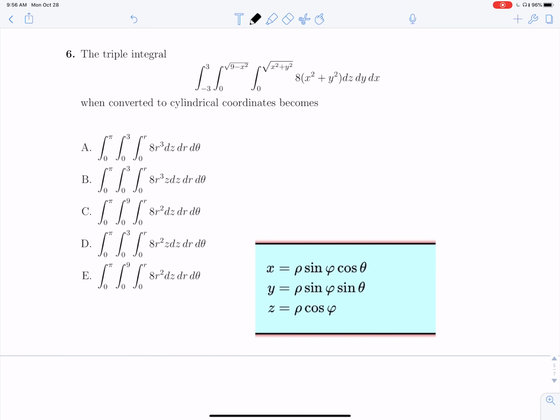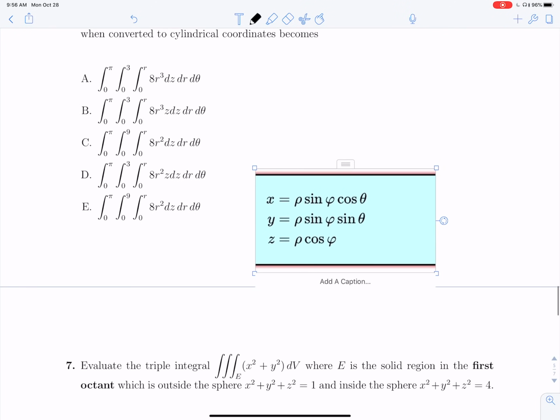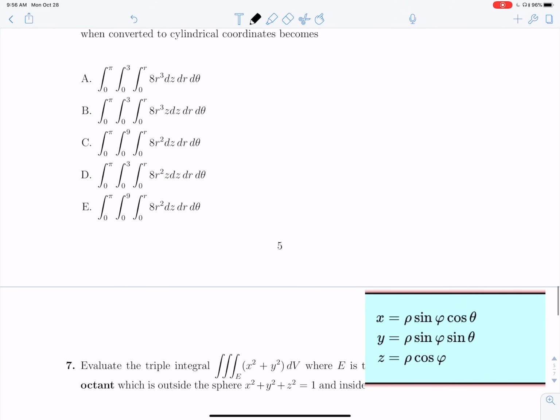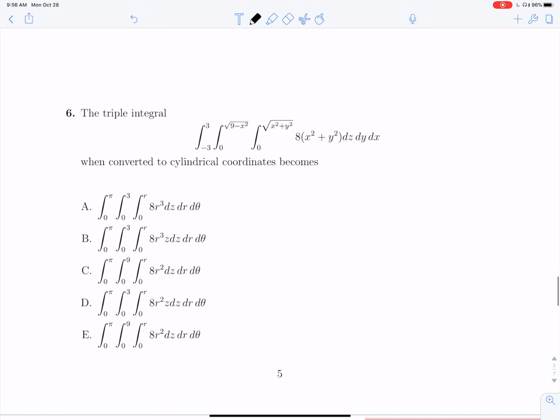Okay, question 6. We have a triple integral in cylindrical coordinates to worry about. Well, this is spherical, but we're not going to worry about that for this question. We know that our conversion is still exactly the same as polar, where x equals r cosine of theta, and y equals r sine of theta.